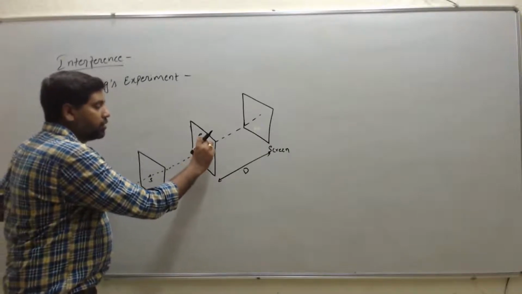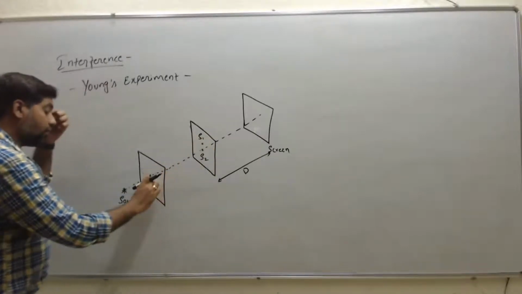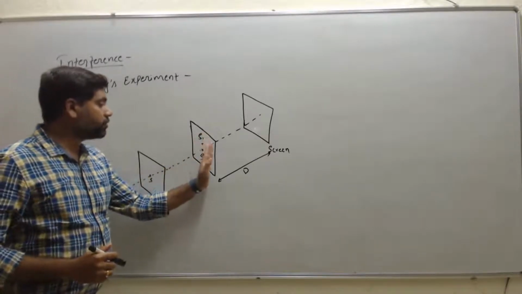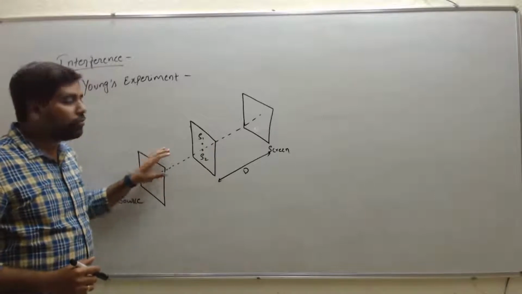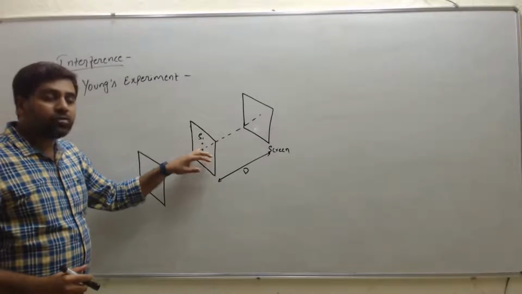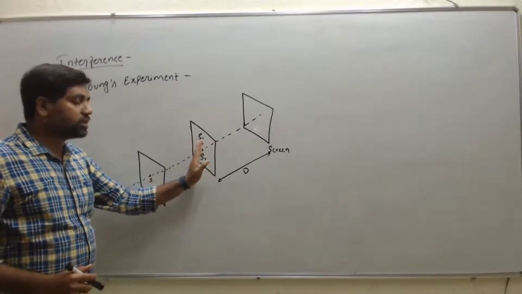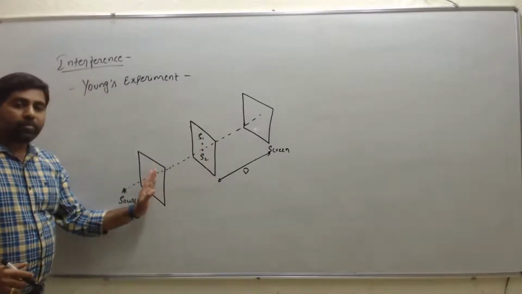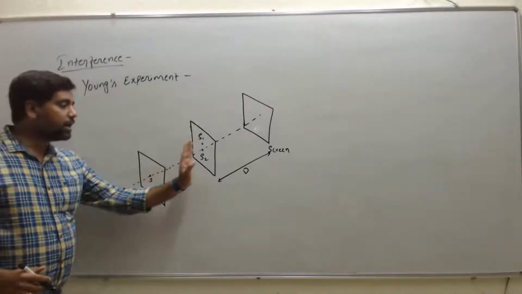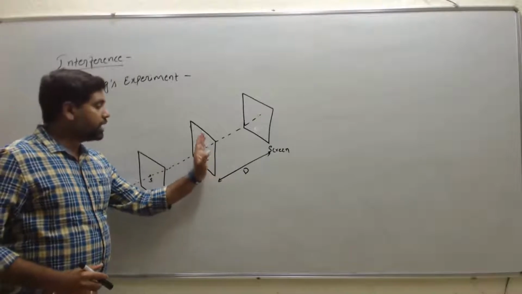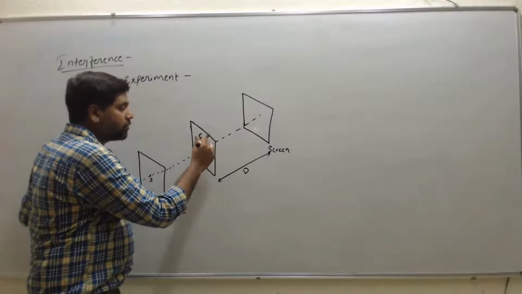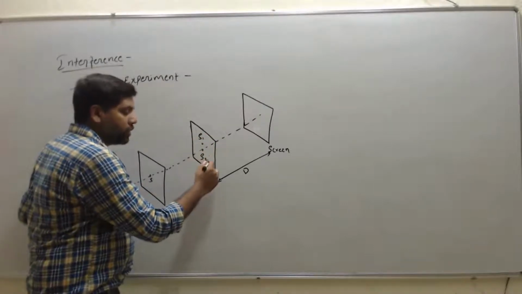These spherical waves fall onto S1 and S2, which act as secondary sources. This one is the primary, the main source, and S1 and S2 act as the secondary sources. The waves emanate from S1 and S2.